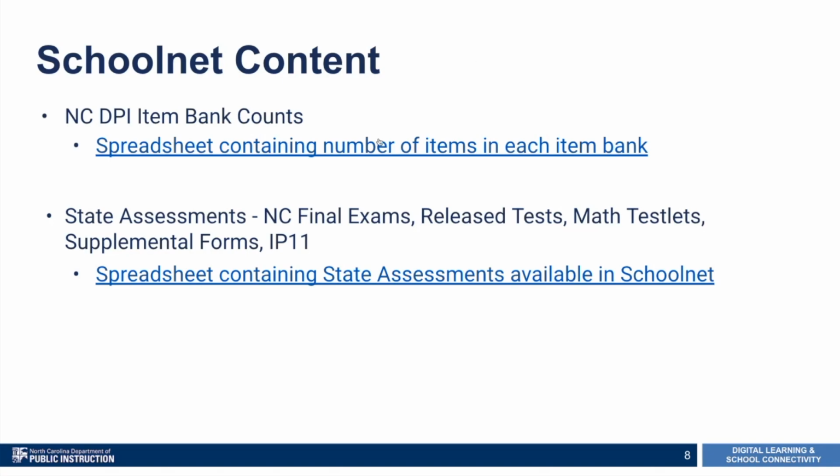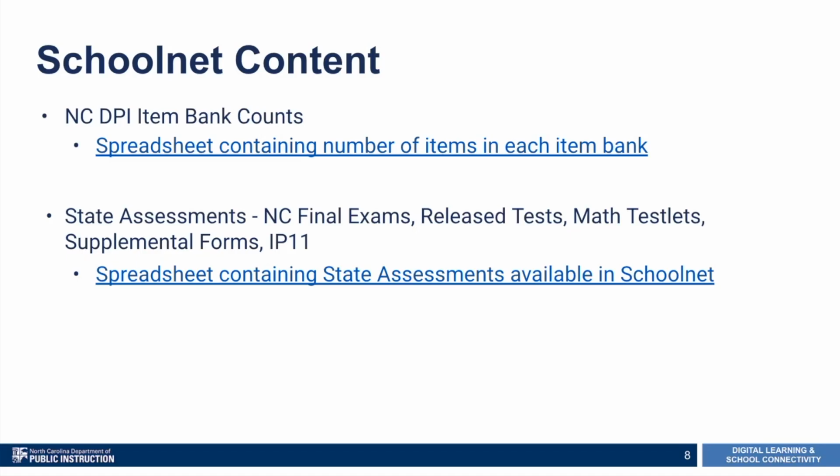But these are Google Sheets, and if you click on the link in the Google Sheet, you will get the item counts for the North Carolina item banks. For North Carolina, we have a classroom bank, which is available to all users.